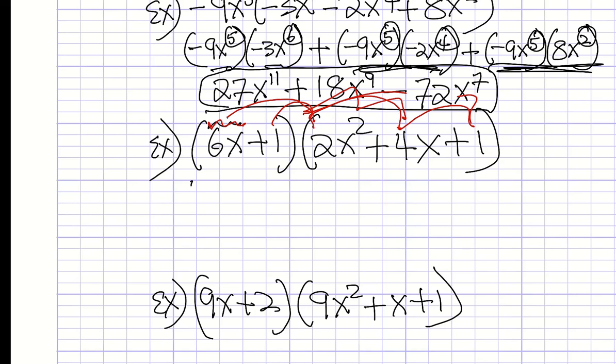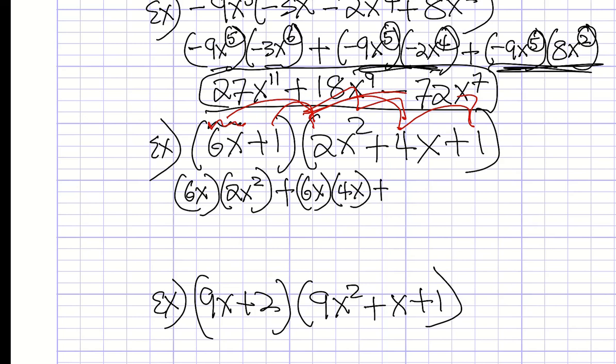The way it's done is 6x times, I like to put everything in bracket, (2x squared), okay? Plus 6x times 4x, all in bracket, plus 6x times 1, okay?